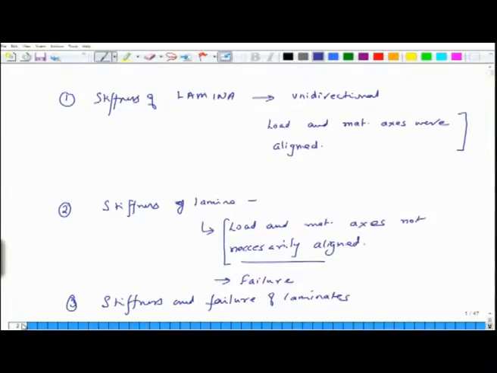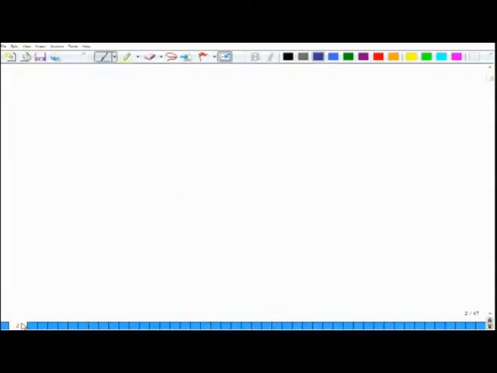So, what is a laminate? It is a series of lamina, individual layers of composites, and they are all glued together. If you look at its cross section and zoom in, it may have several layers of composites.